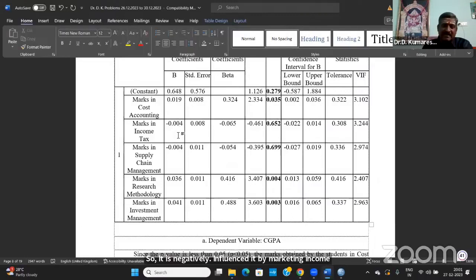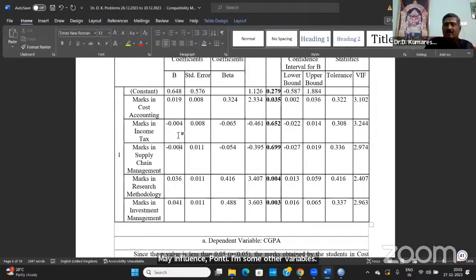Similarly, marks in supply chain management. See, this is just given to understand. Don't think logically, sir, how can it influence the CGPA in a negative sense? Please don't think of that. This is just a model sum, to make you aware that some variables may influence positively and some other variables may influence negatively.